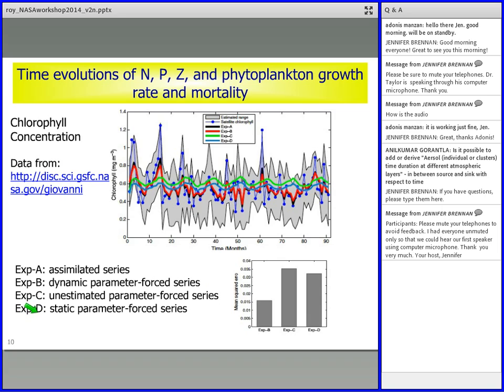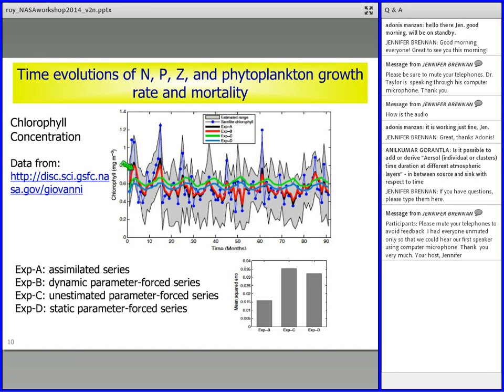D is the experiment where we estimated the parameters but didn't allow them to vary over time. And A and B are the experiments where we allowed the parameters to vary over time. And A in particular, along with that variation, we used the state correction of assimilation.